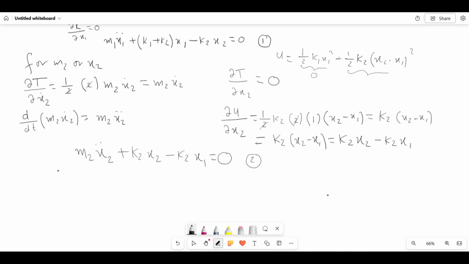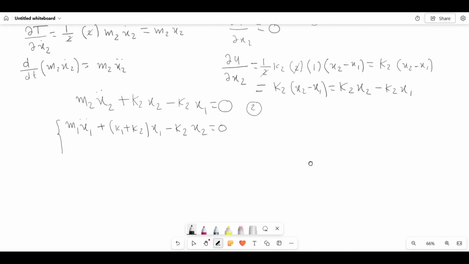Now, I usually like recalling my equations. Equation 1, I can call it m1 x1 dot dot plus (k1 plus k2) x1 minus k2 x2 to be equal to 0. We do the same here.